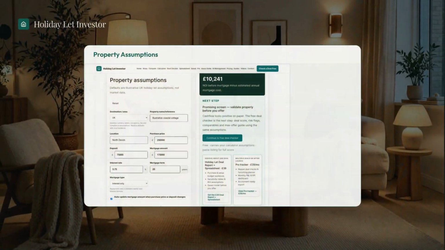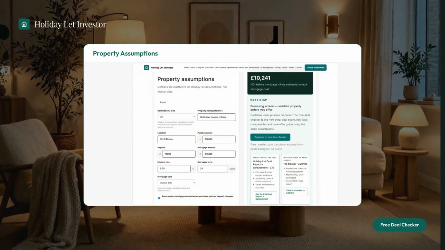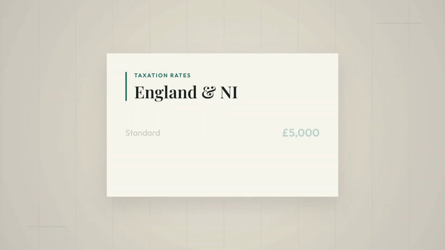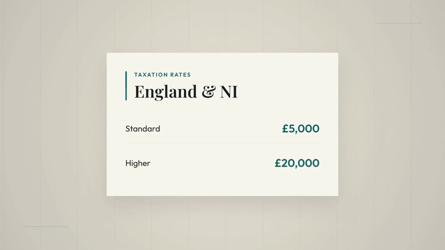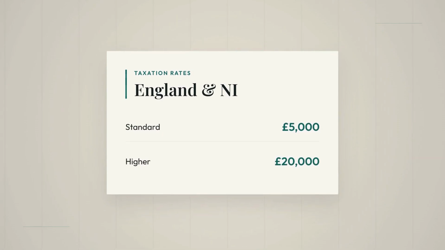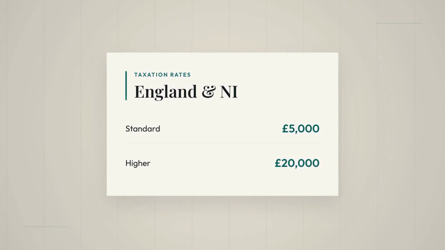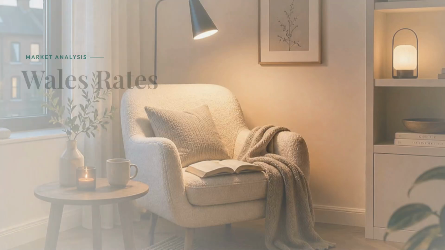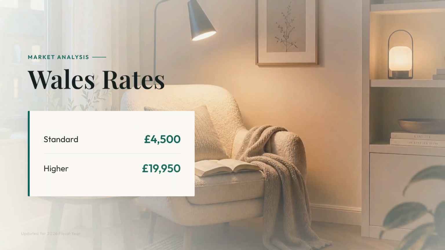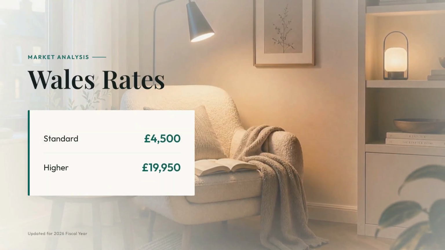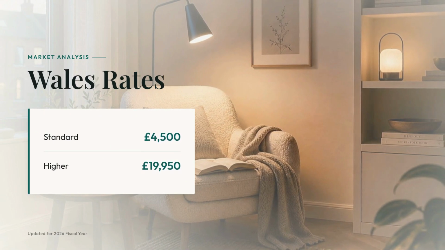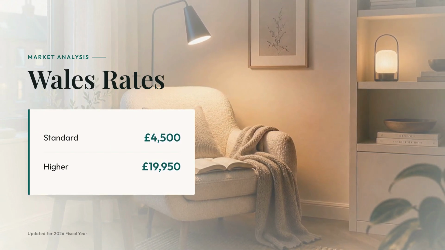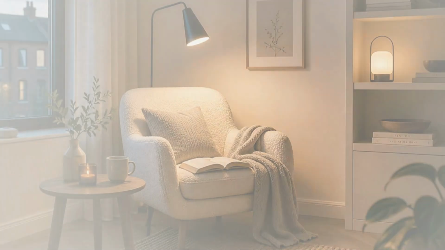Stamp duty rates by region. Let's look at an example of a property priced at £300,000. England and Northern Ireland: the standard SDLT would amount to £5,000 for residential purchases, but may rise to £20,000 under higher rates. Wales: the LTT for residential purchases stands at £4,500, and this can escalate to £19,950 under the higher residential rates.